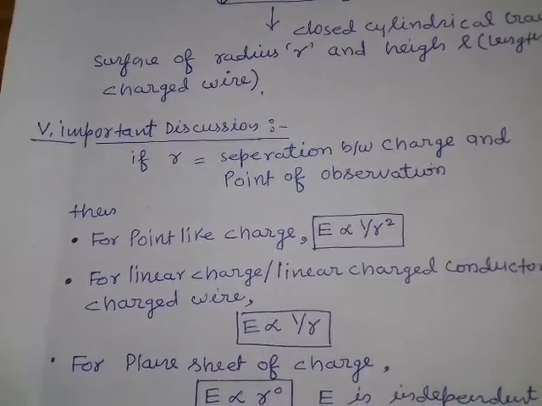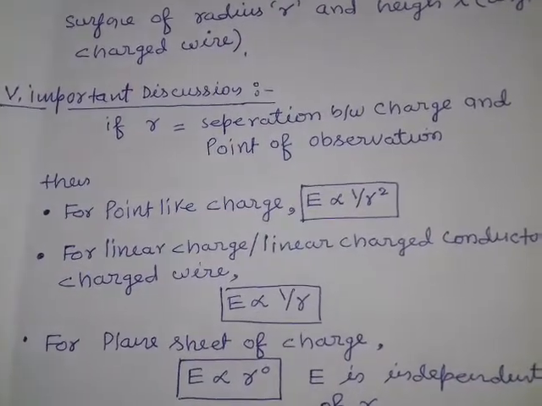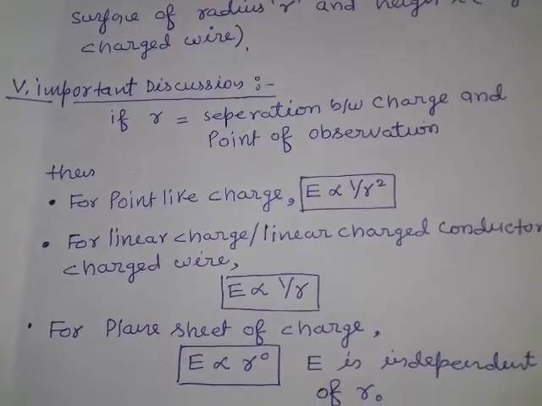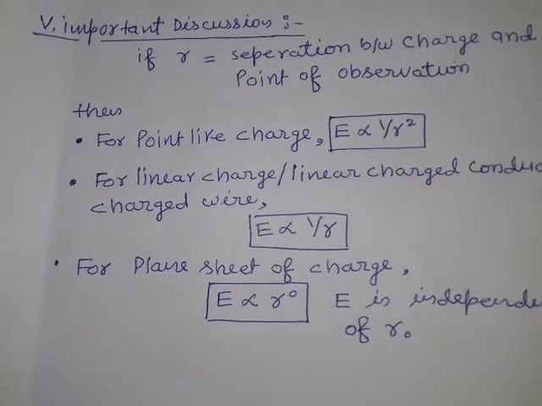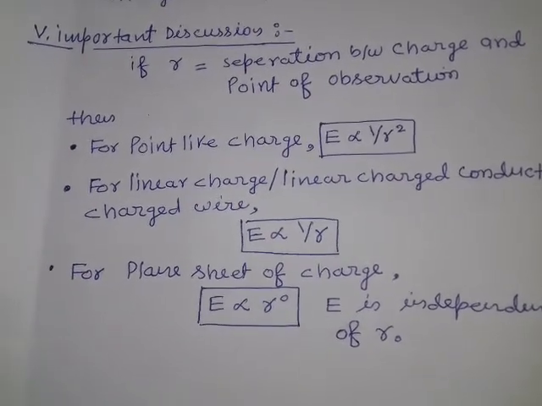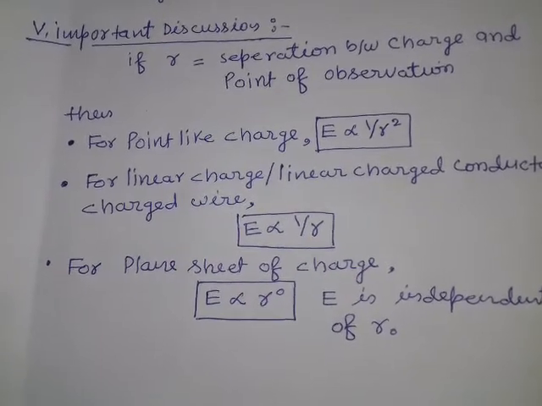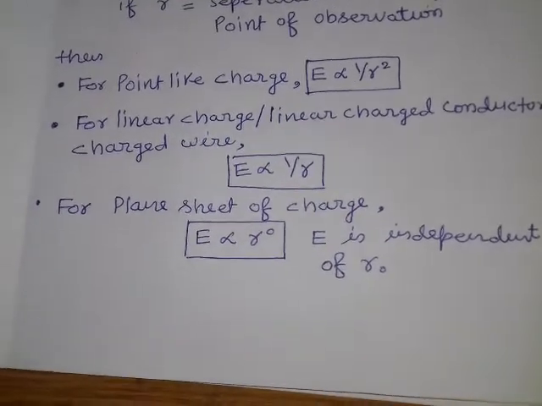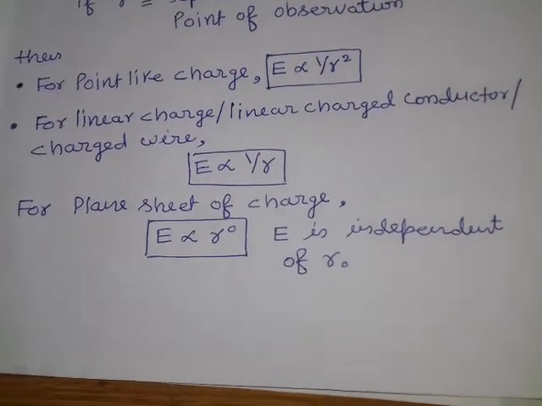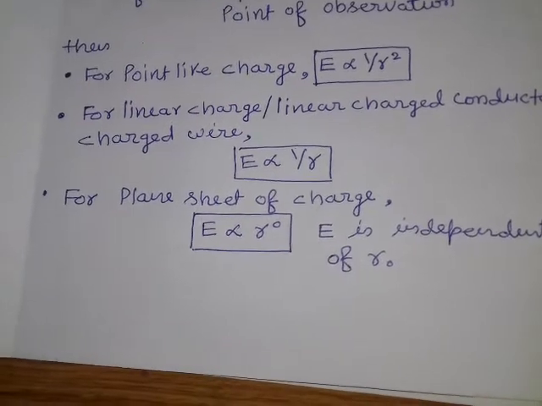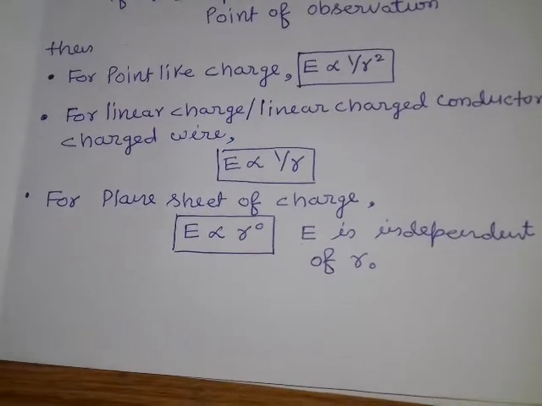You see, everywhere small r is the separation between charge and the point of observation. Okay, so for point-like charges, electric field is always inversely proportional to the square of the separation, but for linear charge, linear charged conductor or charged wire, all are the same.